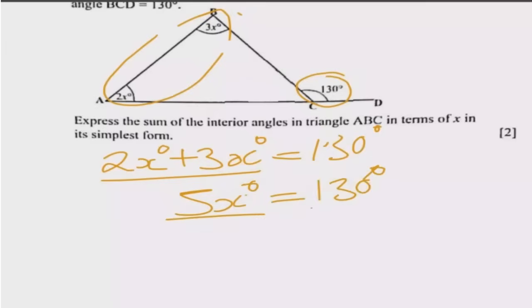Then you divide both sides by 5 degrees. You cancel the 5 degrees here and remain with x, which is equal to, with the degrees cancelled out on both sides.